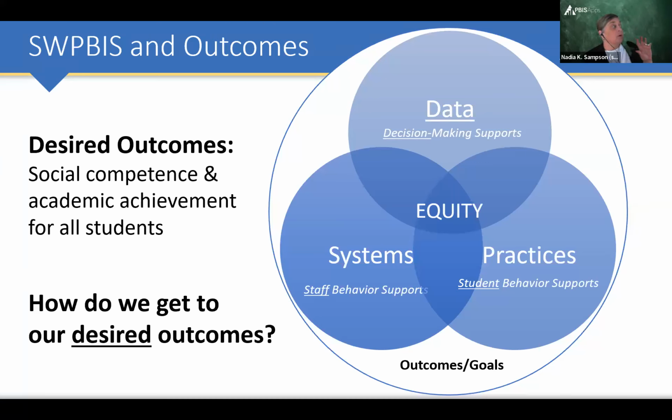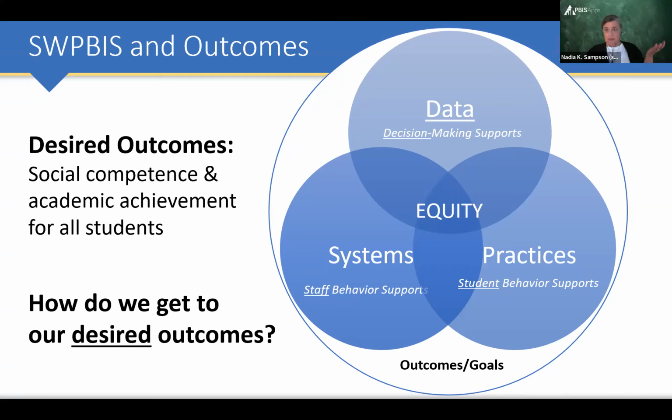So there's a new graphic that you'll probably start to see soon that outlines what do we mean by data. And if you go to the Tiered Fidelity Inventory, if any of you are using that, and I promise in my next webinar I will pull this graphic in, it actually takes the different pieces of the Tiered Fidelity Inventory and maps them onto data, practices, and systems.